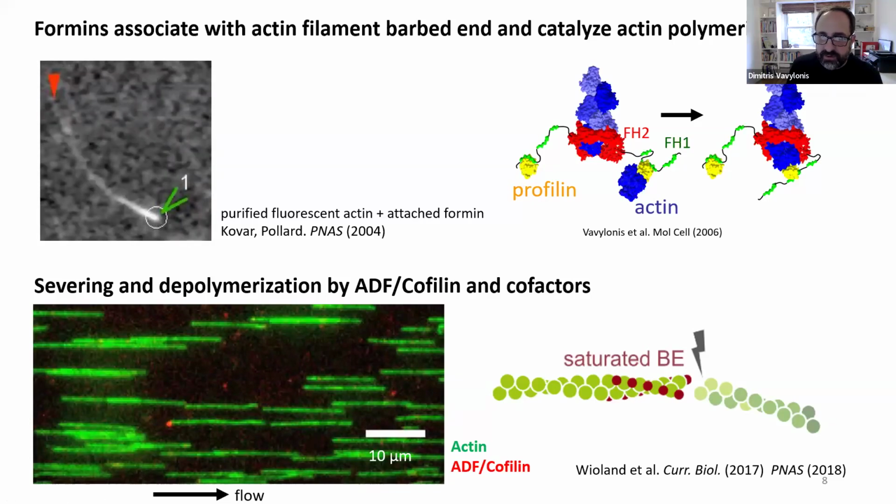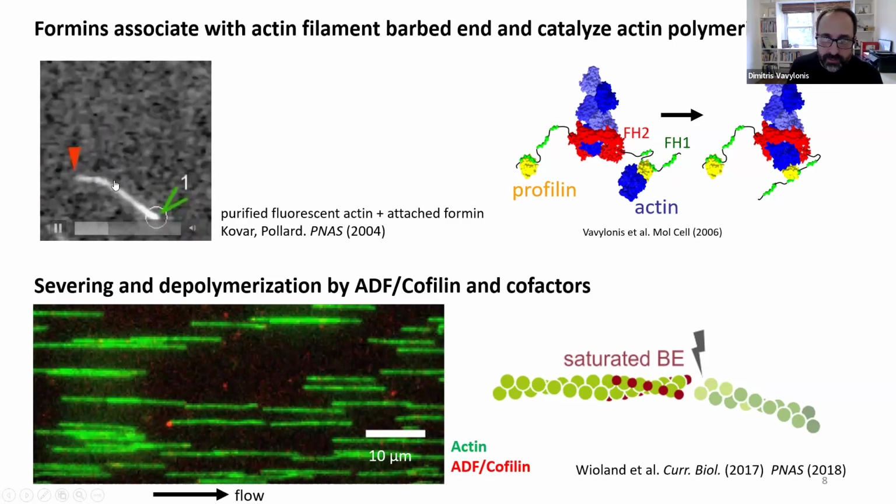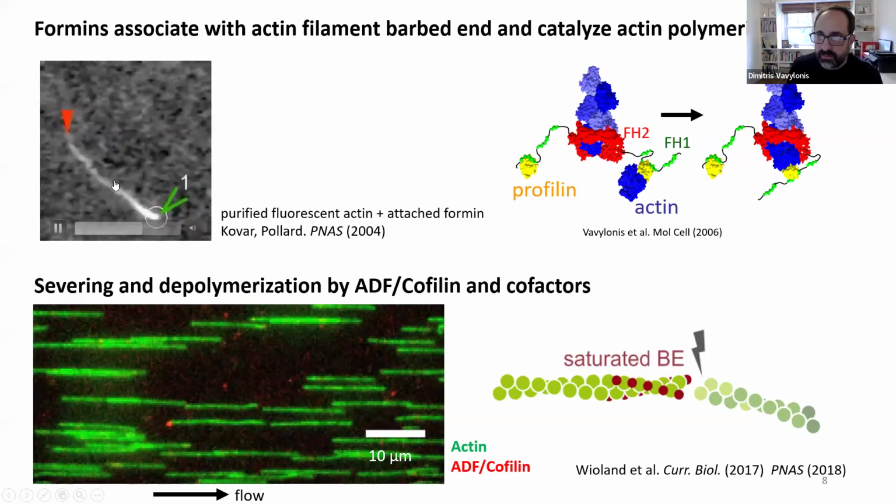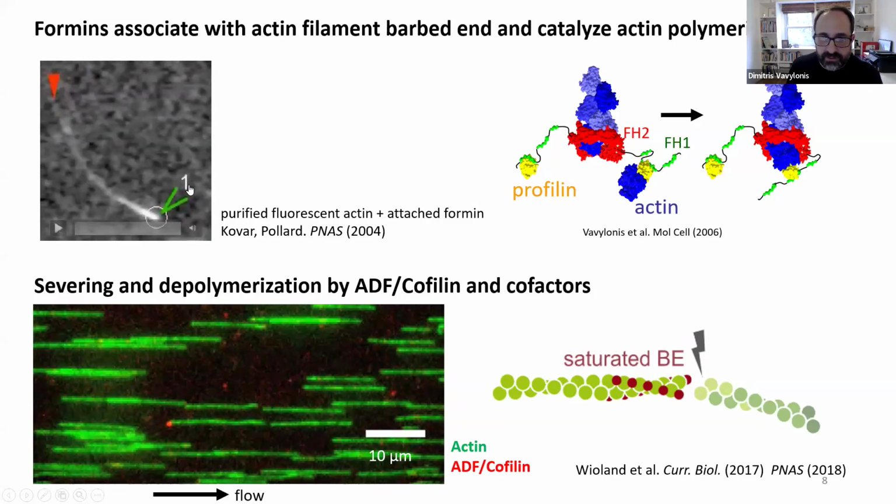It can be found in cells attached to the membrane, and it can add monomers to the actin by recruiting them to the end through a flexible domain. And in this way, it can both enable the polymerization of actin away from certain parts of the cell, like the membrane, and also regulate its elongation.